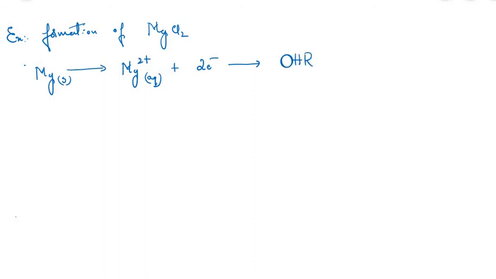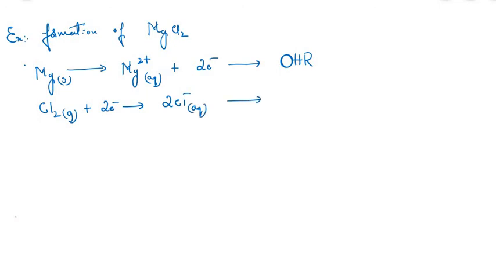And the second part is the reduction half reaction. Chlorine is in the gaseous state, and it will accept 2 electrons. So I'll write 2 electrons here, and it gets converted into 2 Cl-, again in aqueous form.